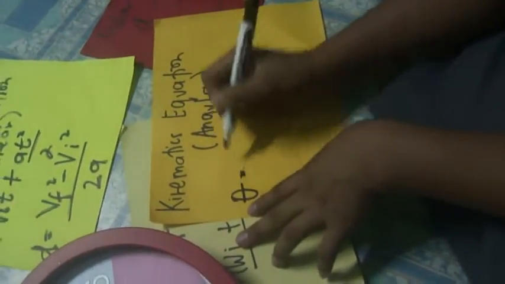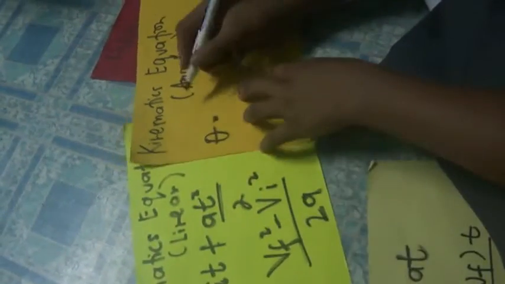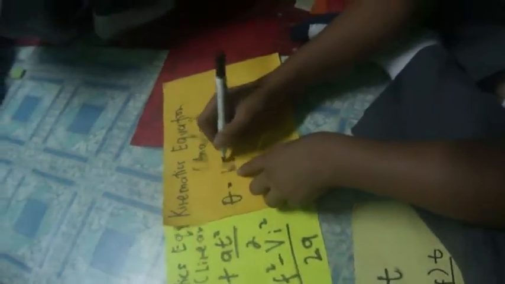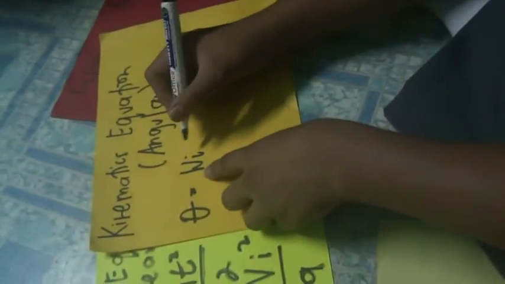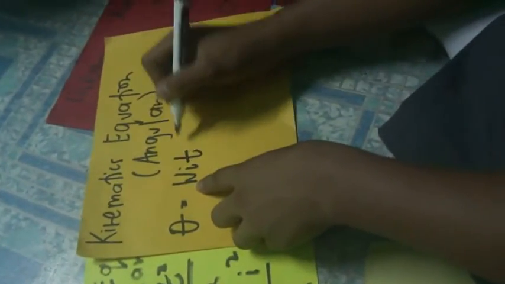So d is equal to angular displacement, theta, and the initial velocity becomes initial angular velocity times time.